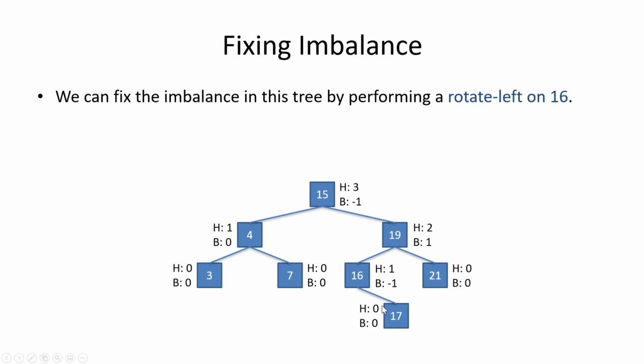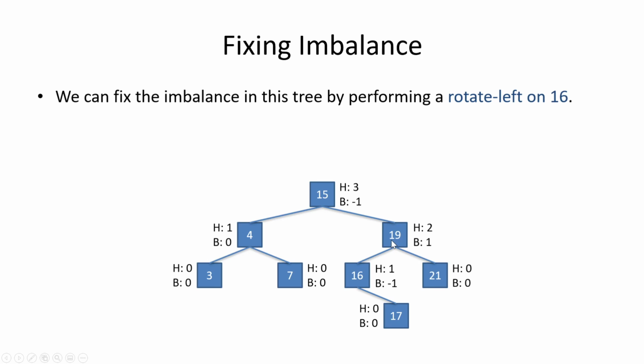So let's check here. My maximum height here is 0 plus 1 is 1. And my balance factor here is going to be -1 on this side minus a 0. So just a -1. That's fine. That's still in the acceptable range. Up to our node 19 now. Again, looking at our two heights, the maximum is 1, so our total height is 2.